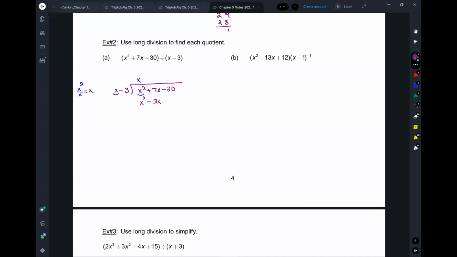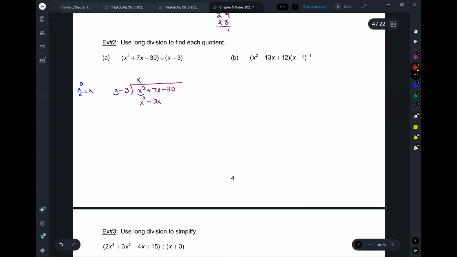Then what did we do? Subtracted. Okay, so subtracting, right, is like changing the sign. So this becomes x squared minus x squared. But if I were to subtract this, what happens to it? It'll be 7 minus this, so 7 plus 3x, correct? So subtracting is the same as changing the sign.